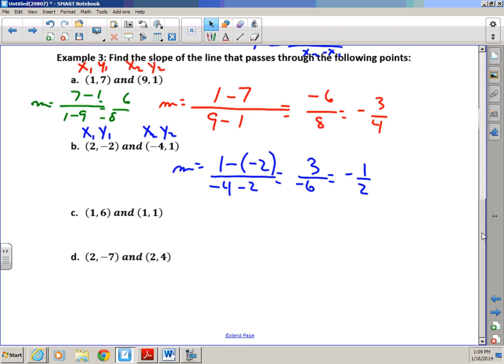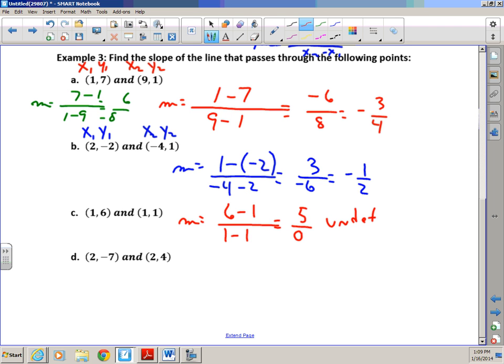Next example, I have 6 minus 1 over 1 minus 1, or 5 over 0. 0 in the denominator is undefined. Okay? Next one, 4 minus negative 7 over 2 minus 2.